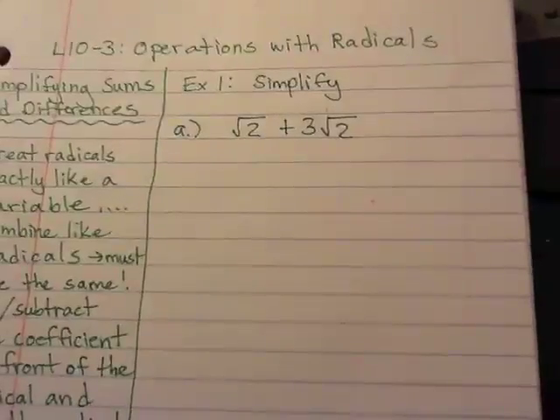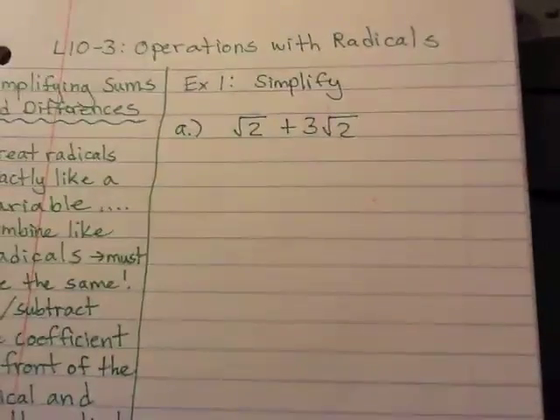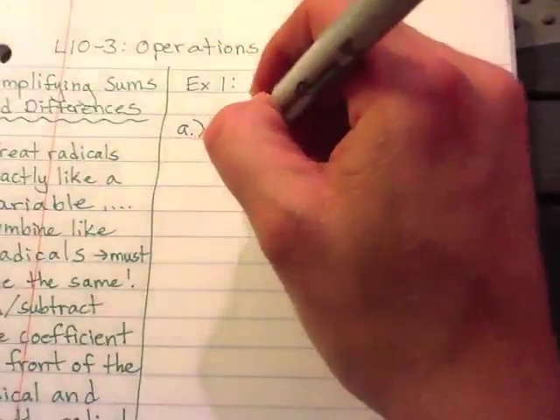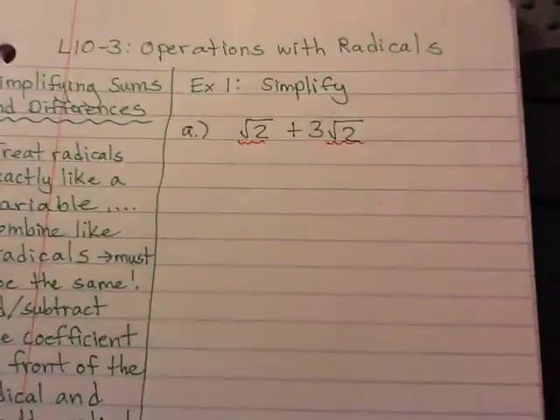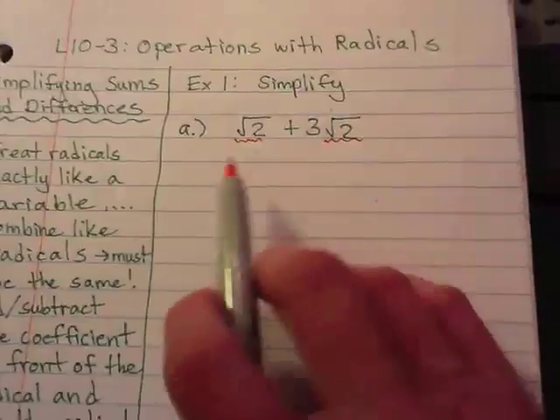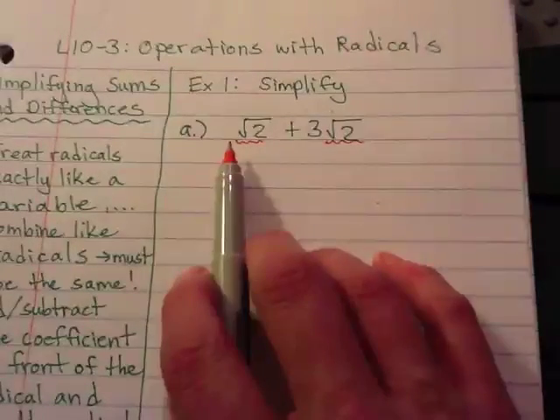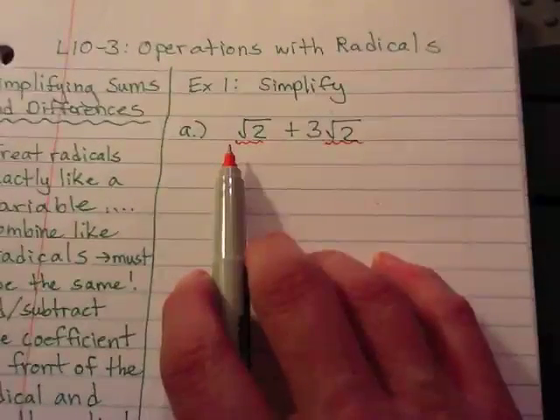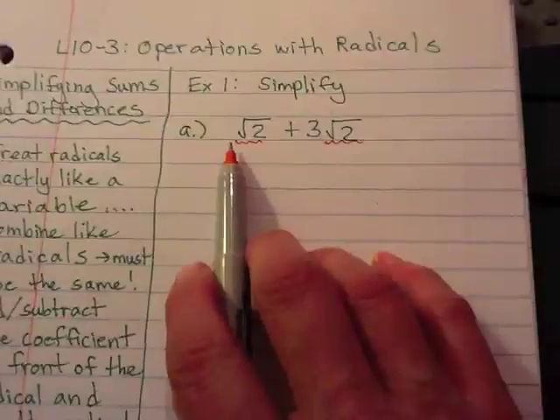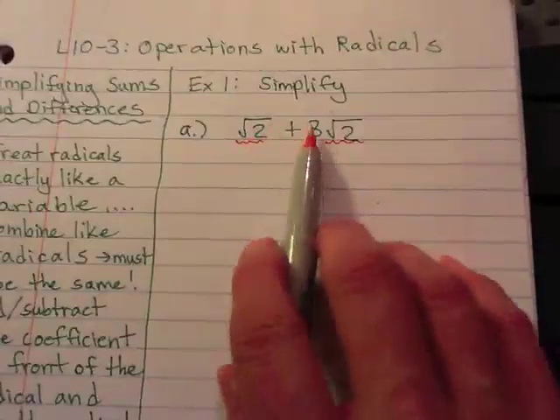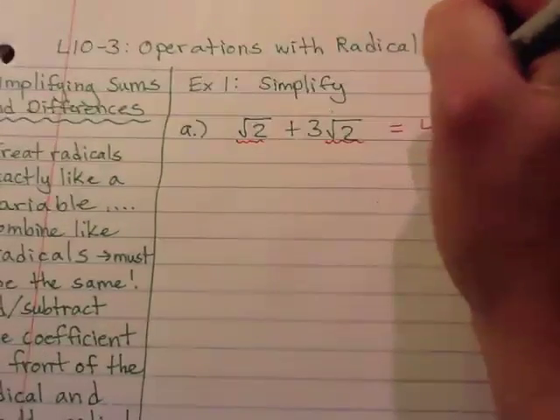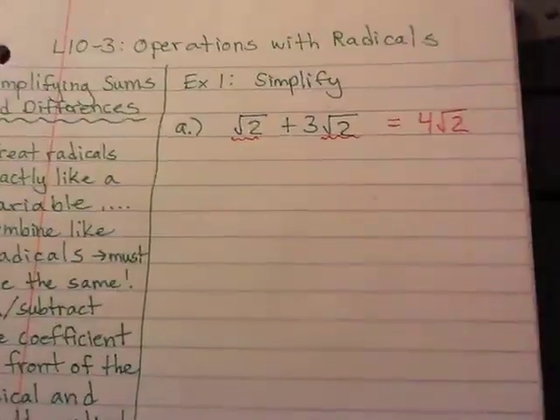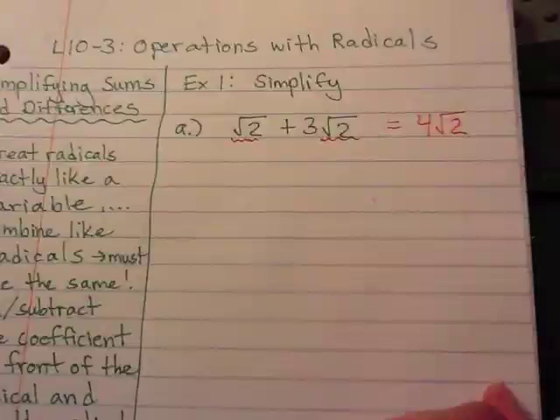So again, think about this as just like a variable. I've got this like radical of square root of 2, so I'm going to add my coefficients. And look right here and think about what coefficient you would actually have there. And you should have realized it's a 1. So we add our coefficients. 1 plus 3 is 4. And then you bring the root over, so square root of 2. And you're done.